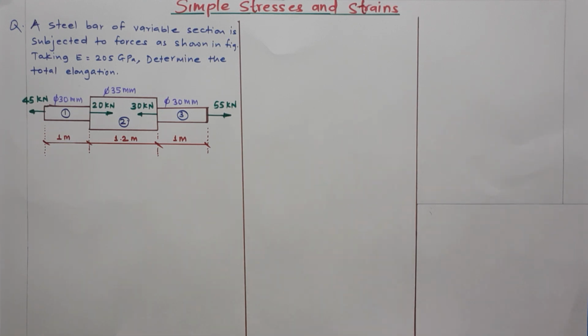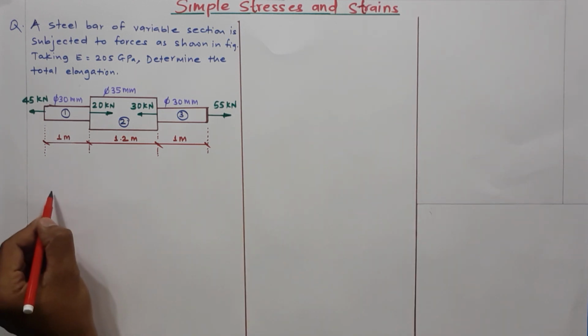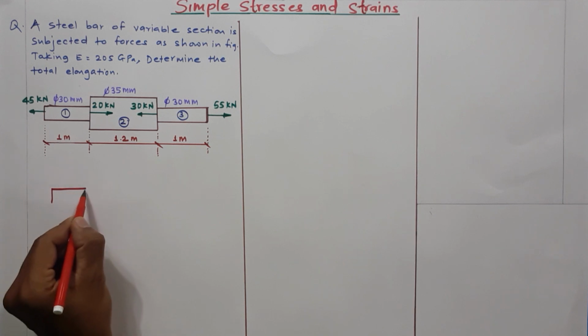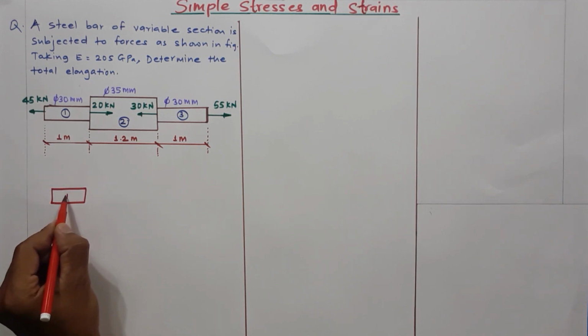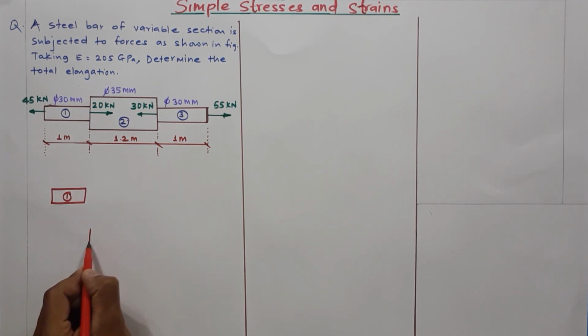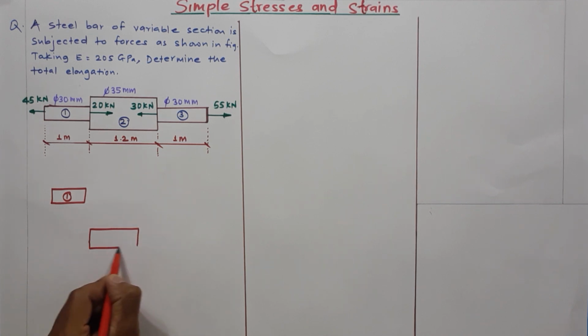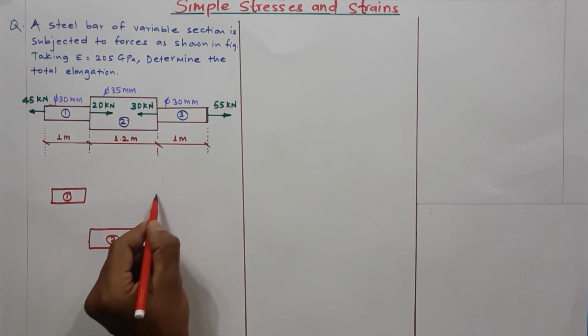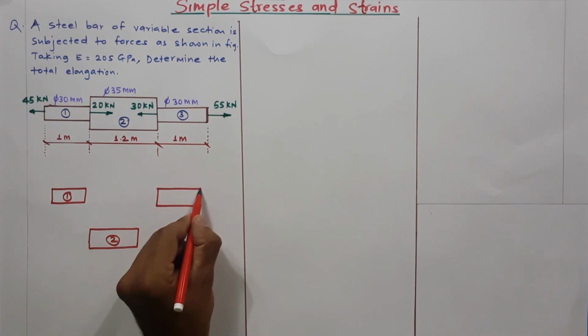So first of all, we draw a FBD of each part. Here is the FBD of part 1, here we draw the FBD of part 2, and here we draw the FBD of part 3.